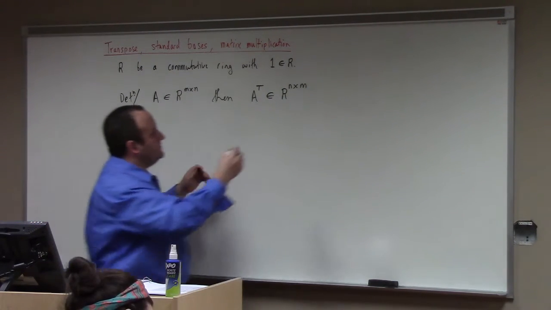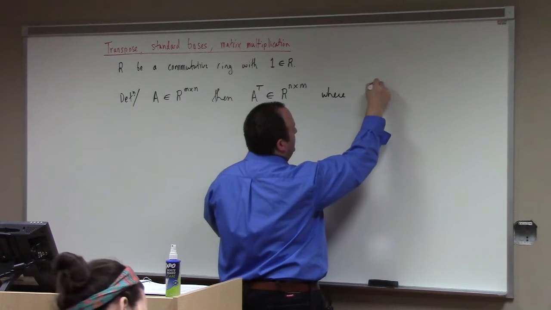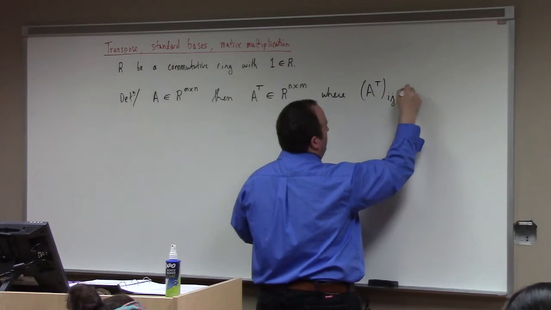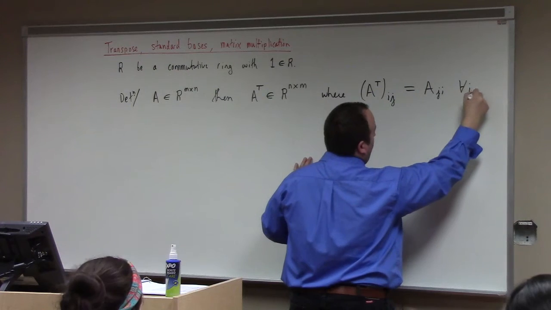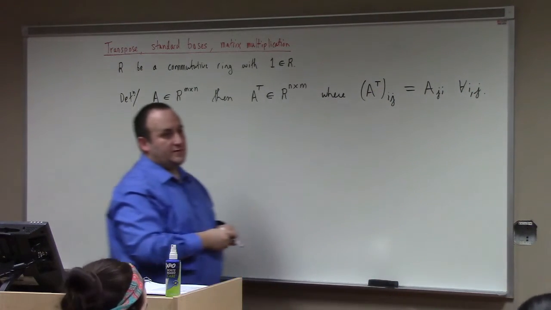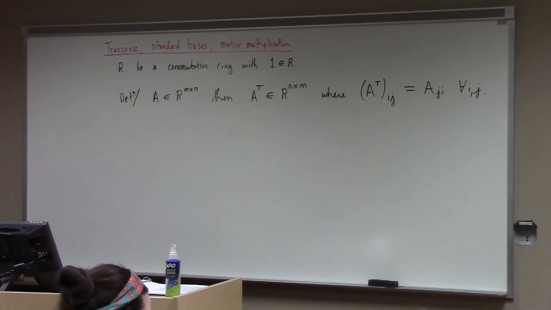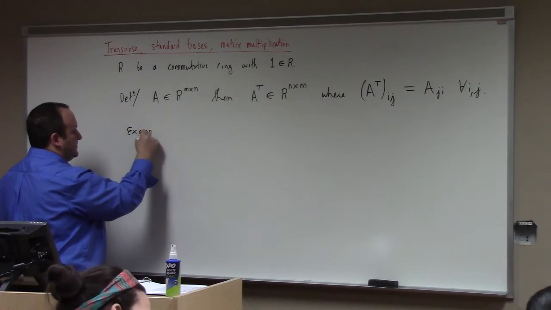And in particular, (A transpose)ij is equal to Aji for all i, j. So the transpose of a matrix gives you a new matrix, which is a different size, but very much related. Basically, it takes your rows and switches them to columns.